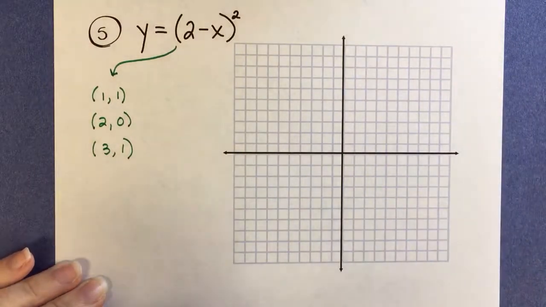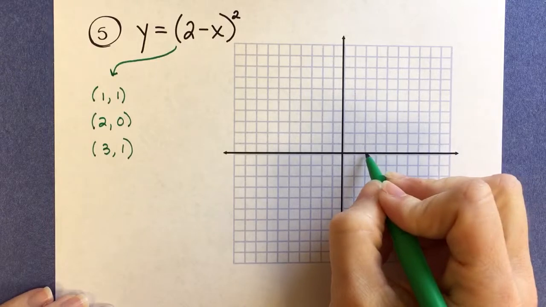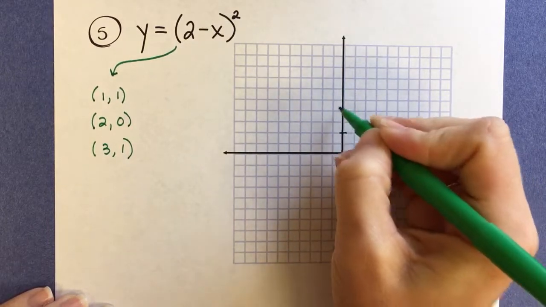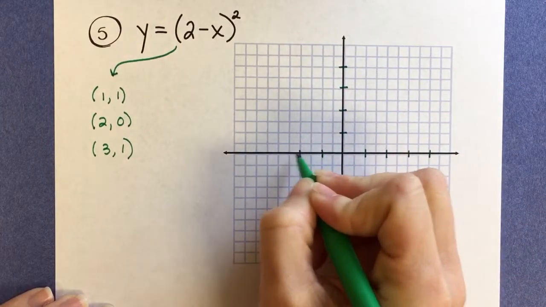Okay, now let's go ahead and graph this. I'm going to space out my points here just a little bit. So each one of these lines I'm going to use as 1.